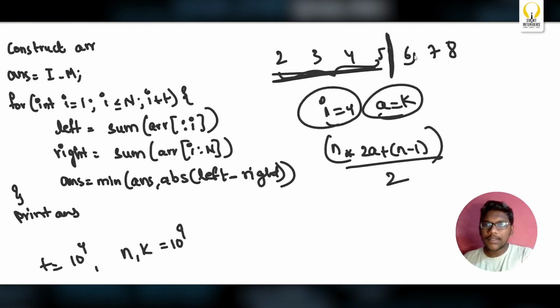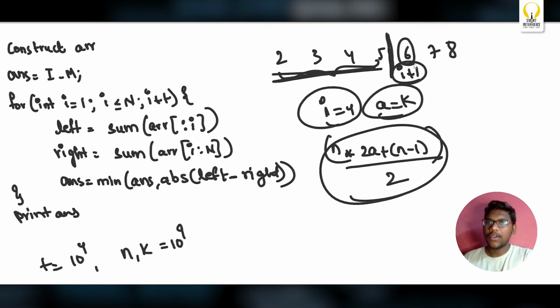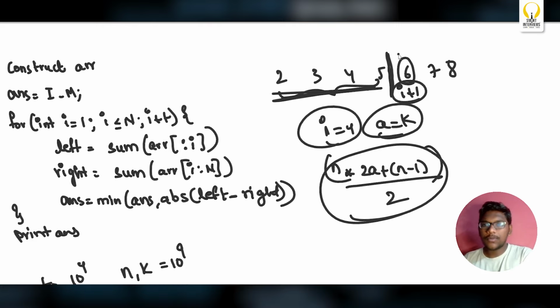The same way, this is the term I plus 1. How do you get the sum from here to here? What about this part? Again, how many elements do you have here? Simply 3 elements. How can you get that?